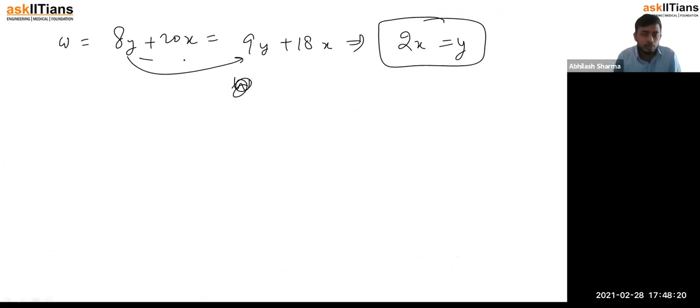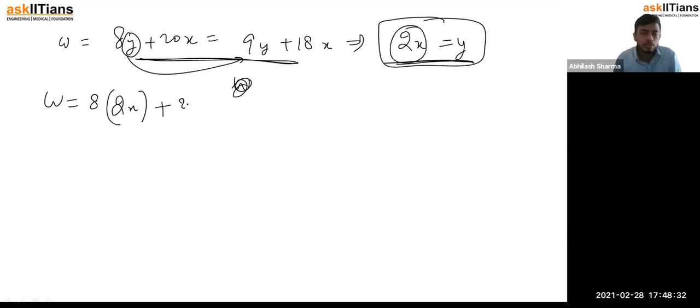And from this equation, we have obtained y equal to 2x. So now we can write W is equal to 8 into, instead of y, I can substitute 2x. So 8 into 2x plus 20x. So how much is it becoming? 16x plus 20x. So W is coming out to be 36x.